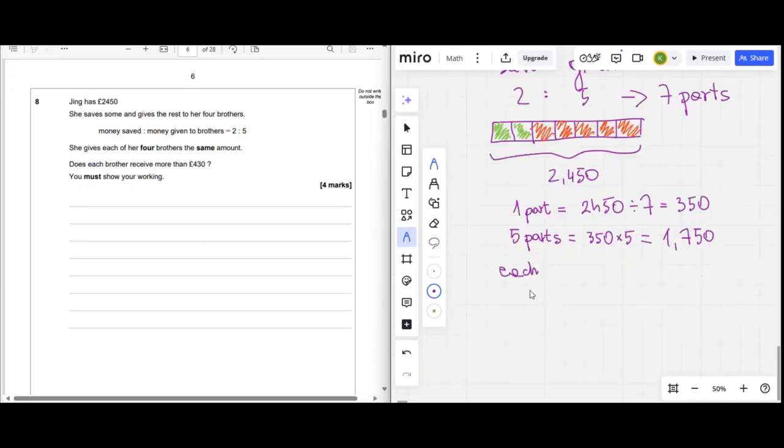So each brother must have that 1,750 divided by how much? 4. Yes, 4 brothers.